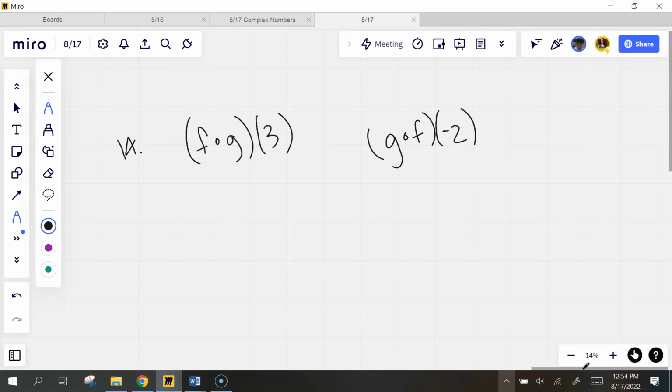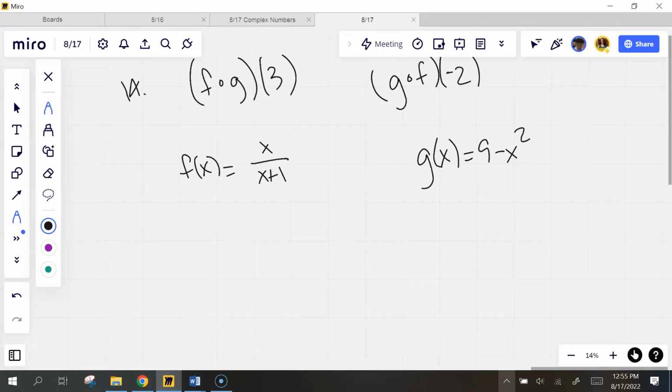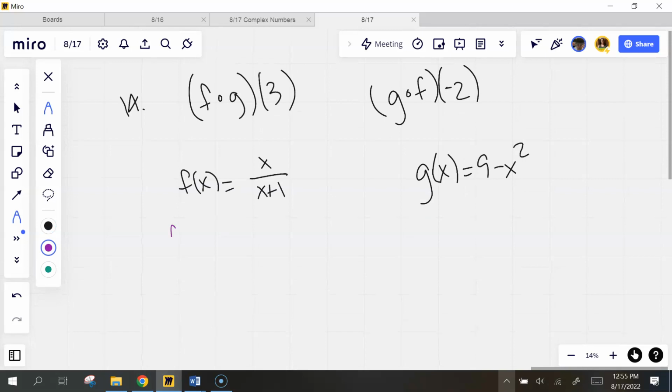This has nothing to do with domain or anything of the sort. f of x here is x over x plus 1. g of x is 9 minus x squared. So f of g of 3 we'll do first.